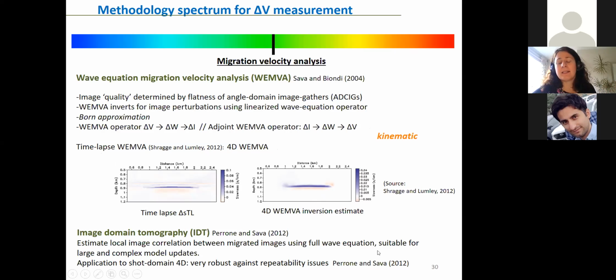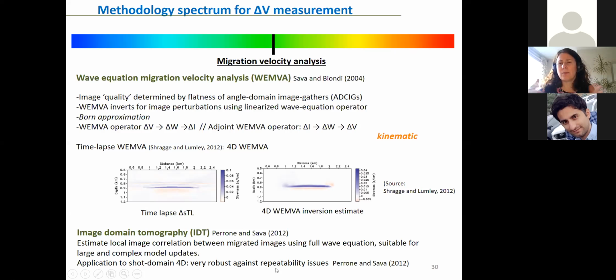So again, it's a full wave equation solution, and it looks at the correlation between migrated images, so baseline and monitor. One of the main advantages of this method was that it is great for cases where you have very low repeatability between your baseline and your monitor.